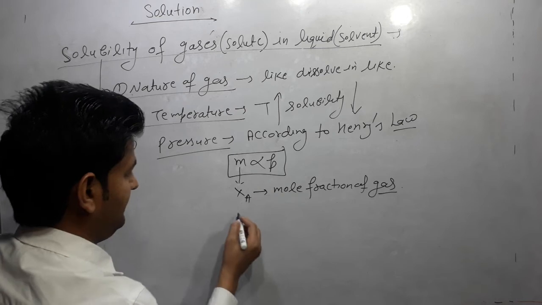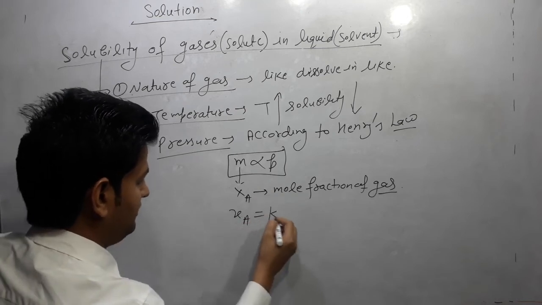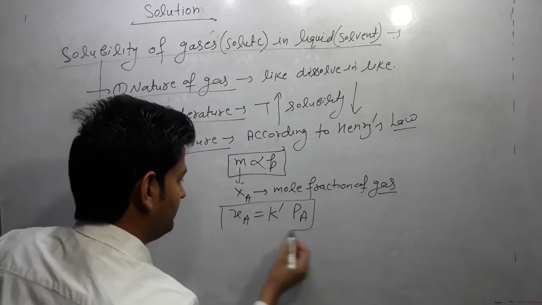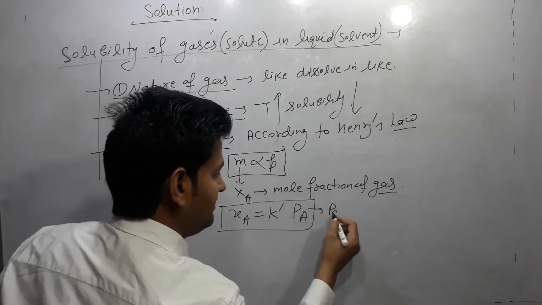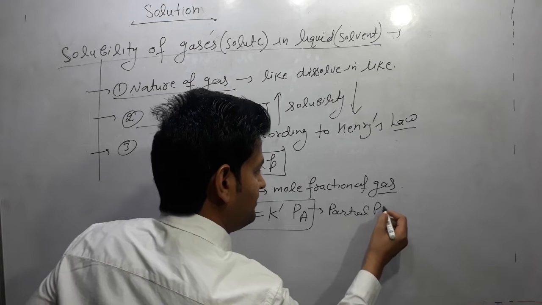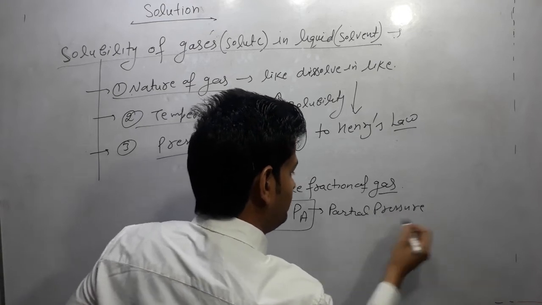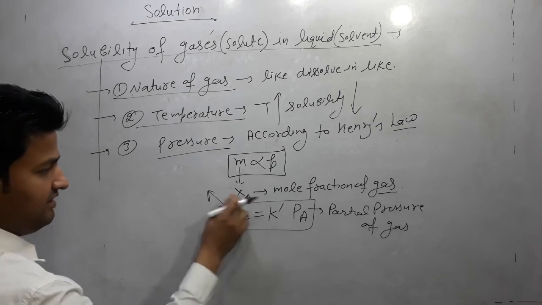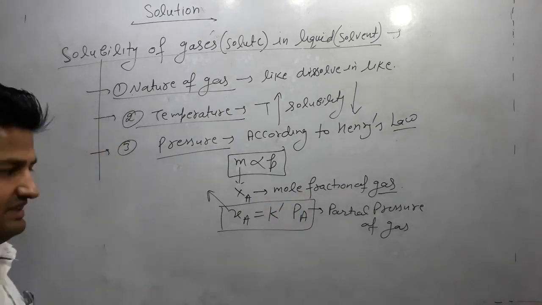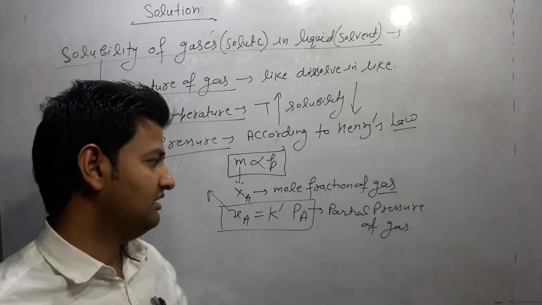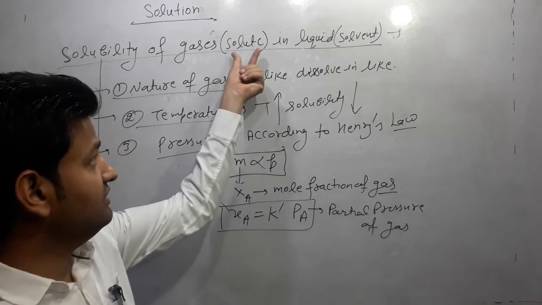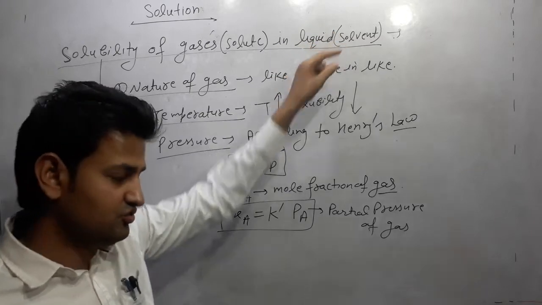So according to Henry's law, XA will be equal to K dash into PA. This is a very important relation. Here PA is the partial pressure of the gas, and XA is the mole fraction of that gas which is dissolved in the liquid. Partial pressure means the pressure of the individual gas which dissolves in the solvent.